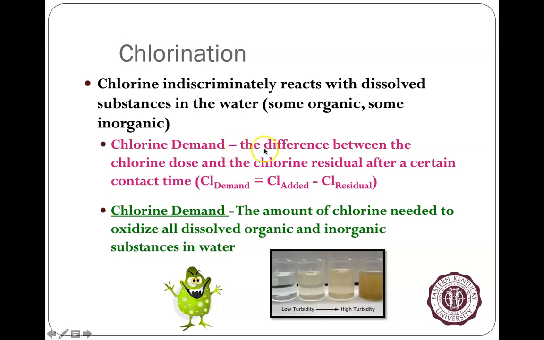Chlorine demand is the difference between the amount of chlorine that's added, the total chlorine, and the residual chlorine after a certain amount of time. So we have the total chlorine here minus how much is left, and then we would know what the true demand is. So chlorine demand is the amount of chlorine needed to oxidize all the dissolved stuff in the water.